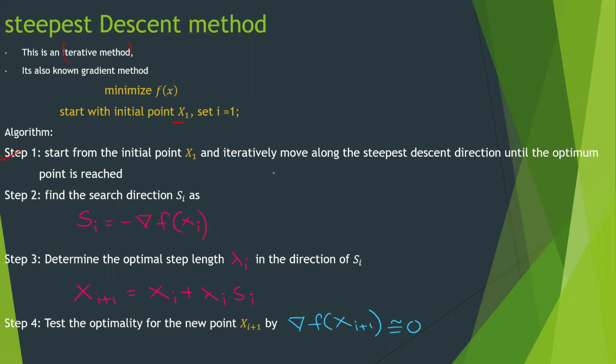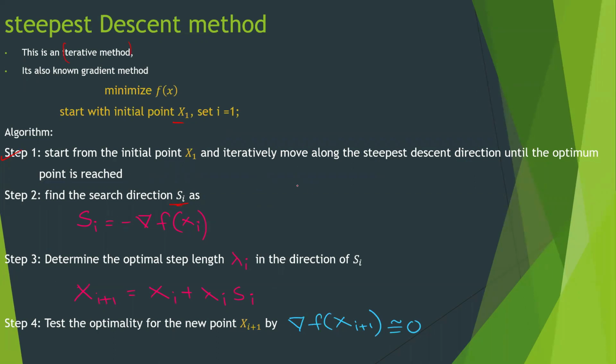So we have to find the direction that is known as the search direction Si. After finding the search direction, you have to move in that direction. In order to find the search direction, we use this formula, that is minus of gradient of f of x.